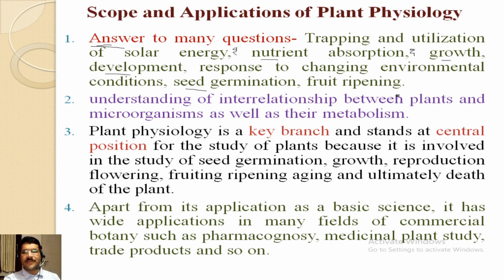Fruit ripening, how fruits ripen, what are the essential constituents for the ripening of fruits. All these questions are in our mind and we get answers to all of them in plant physiology.